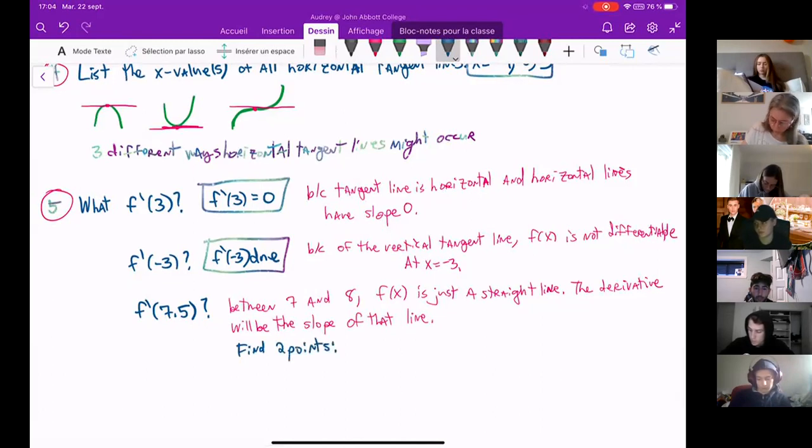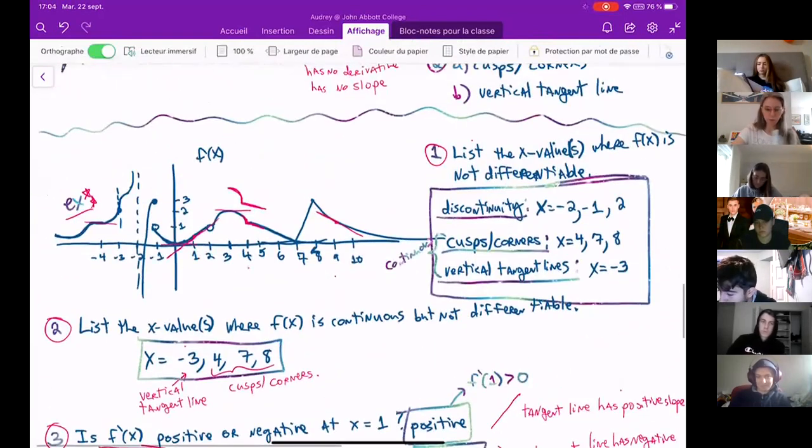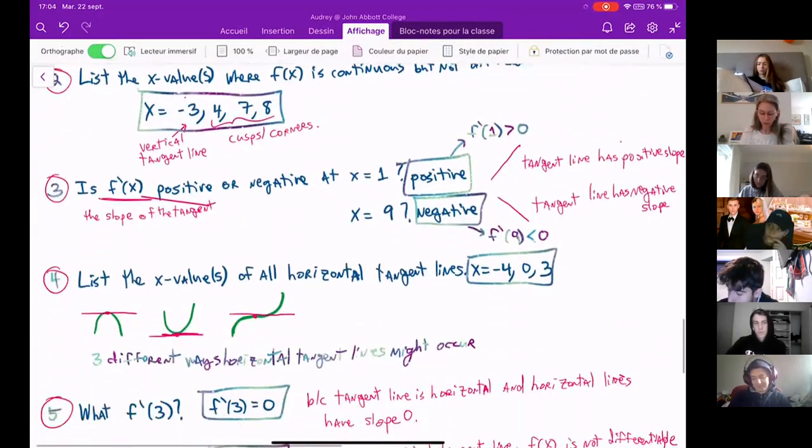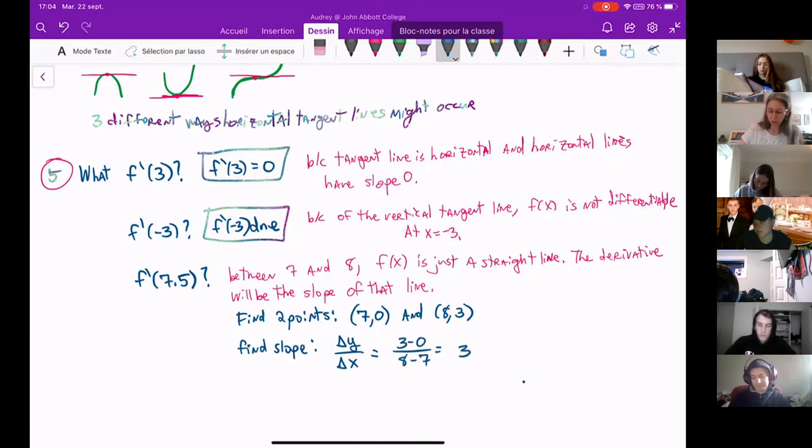And you told me those 2 points are (7, 0) and (8, 3). A lot of you said (8, 2), and it could just be that you drew it a little differently, but that 8 is up at 3 there. So (7, 0) and (8, 3), and then find the slope. My slope is change in y over change in x, which is 3 minus 0 over 8 minus 7, which is just 3. So f prime of 7.5 is equal to 3.